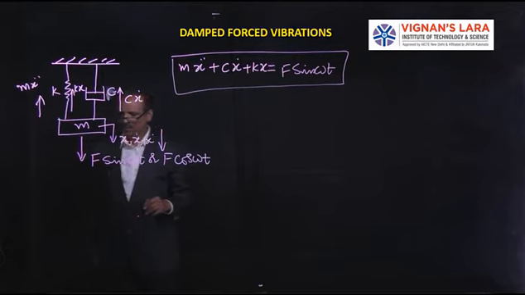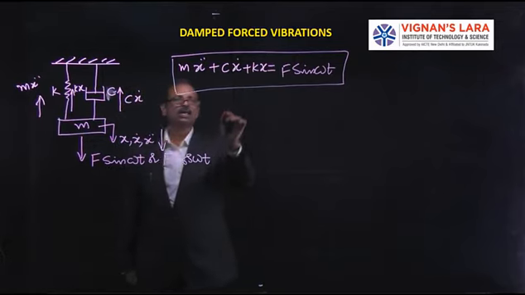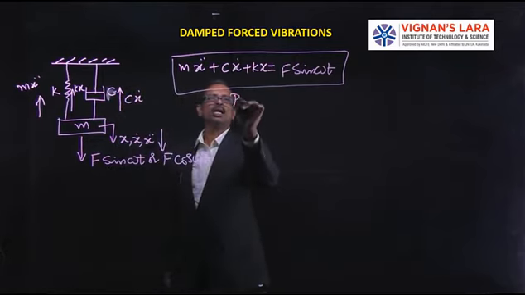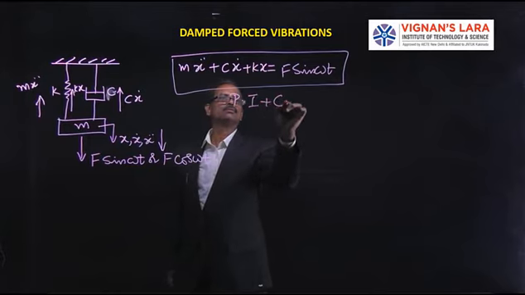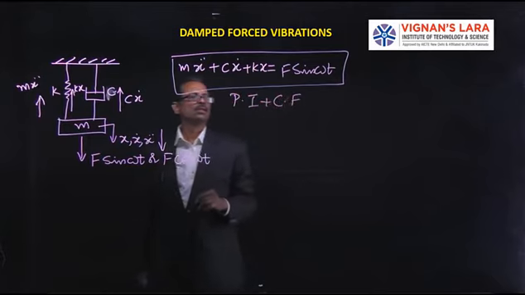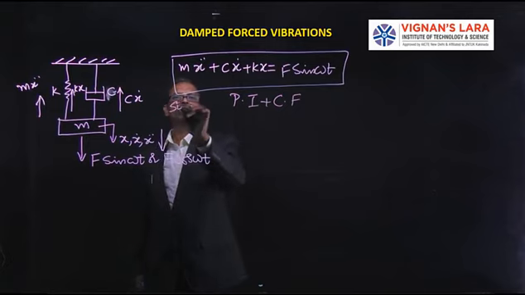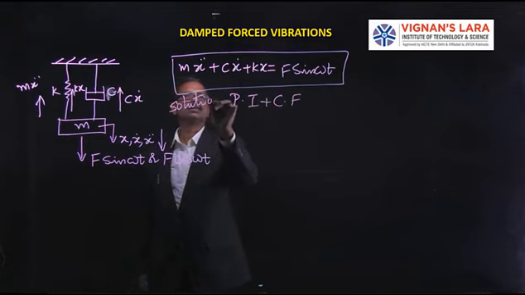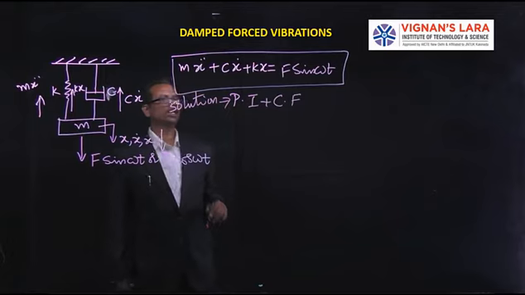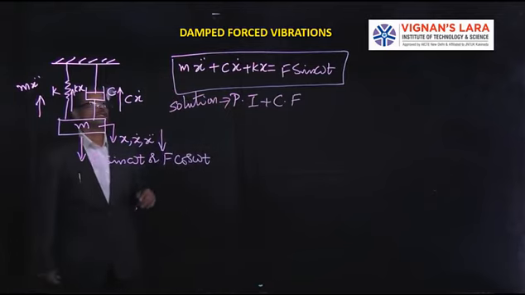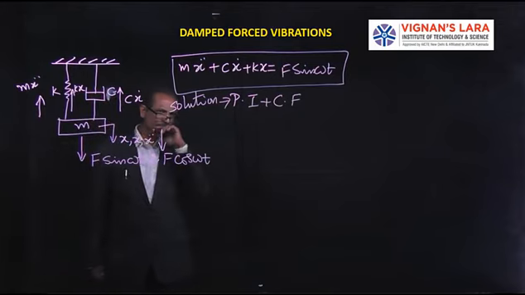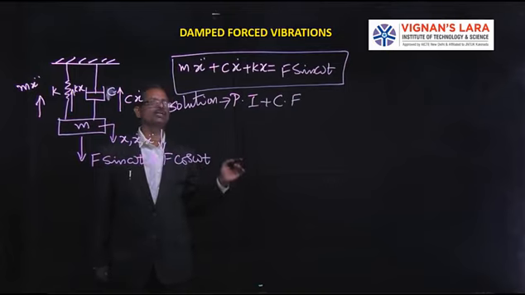Its solution can be written as a sum of a complementary function and a particular integral. So what is the particular integral and what is the complementary function? The complementary function is the one which dies out after some time, and the particular integral is continuously going on.